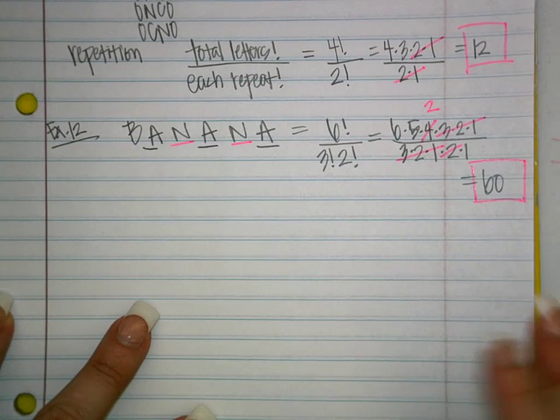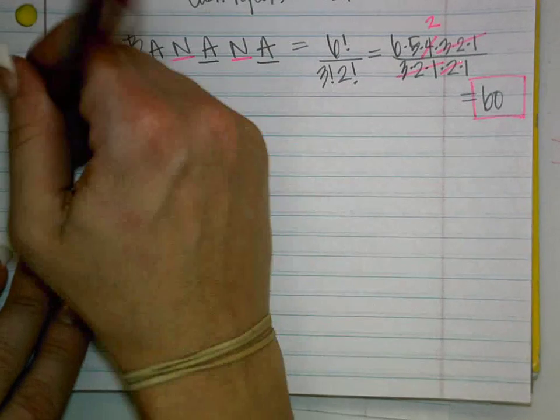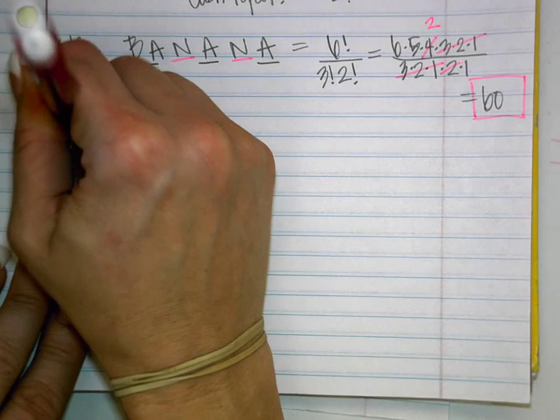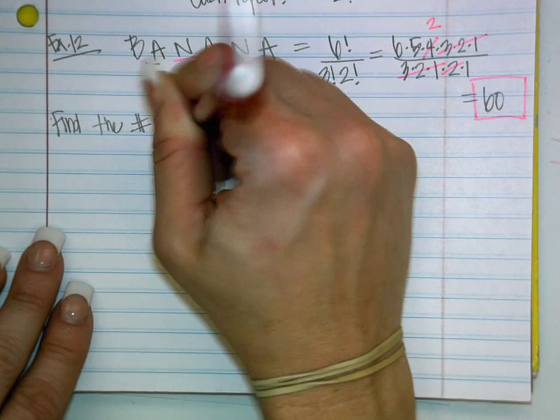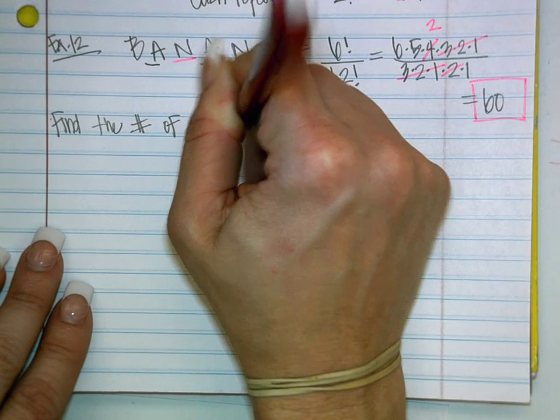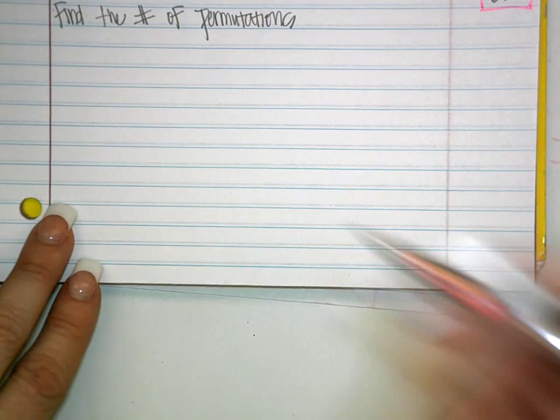Okay, then last thing we're going to do is I'm going to ask you to find the number of permutations. I'm going to give you a formula.